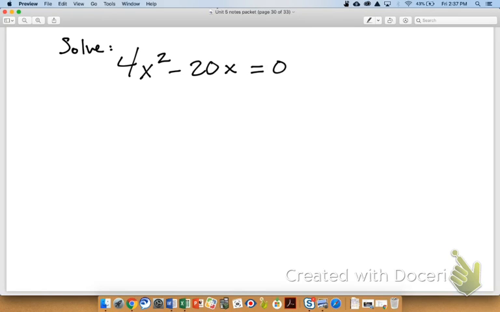So 4, you take the 4 out of 20, it's still 20. Yes, it is. Yes, it is. Because the first one's 4x squared. You can take the x out of both sides.